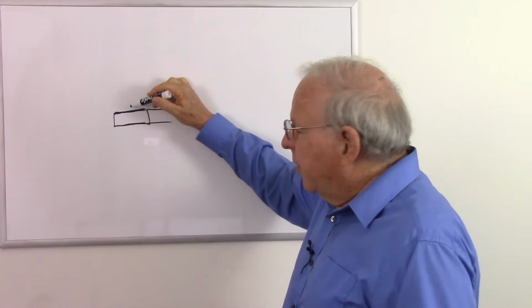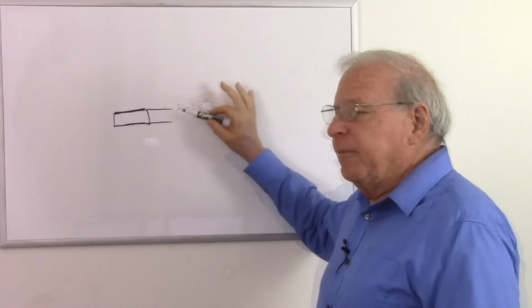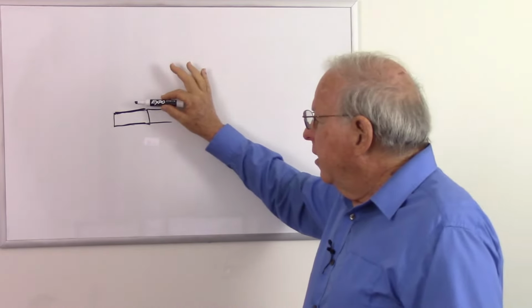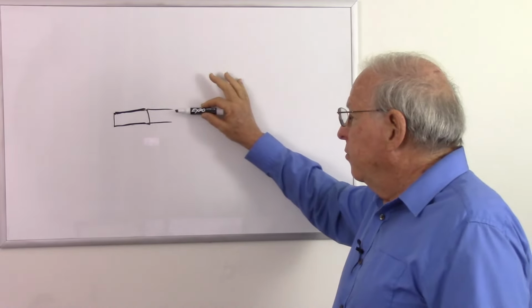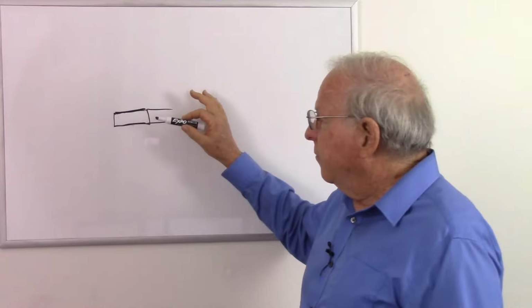As this vibrates, it changes the capacitance, and that can be turned into a change in voltage or current to create a signal from the microphone.